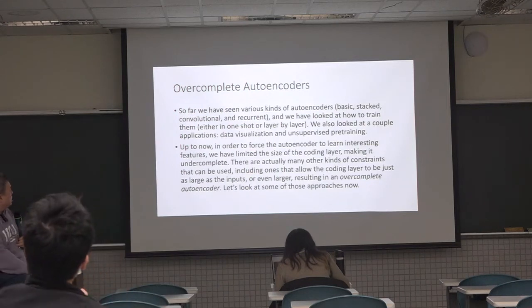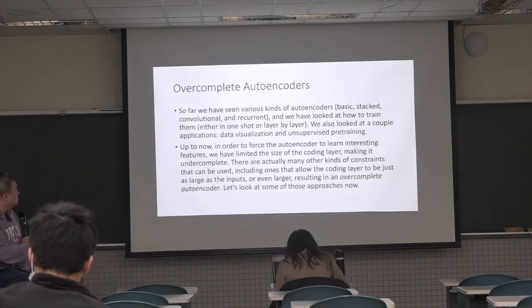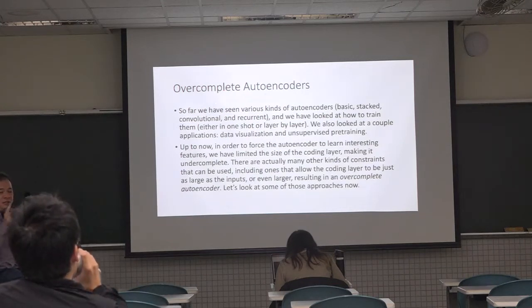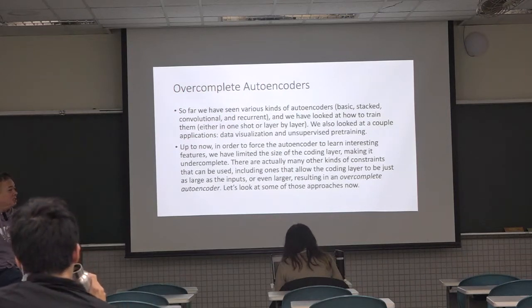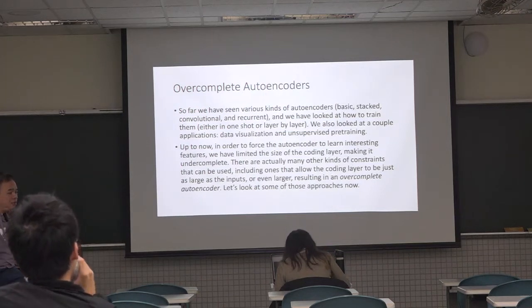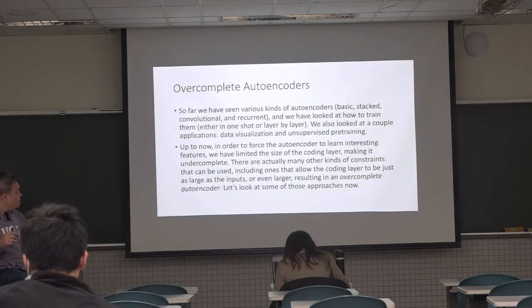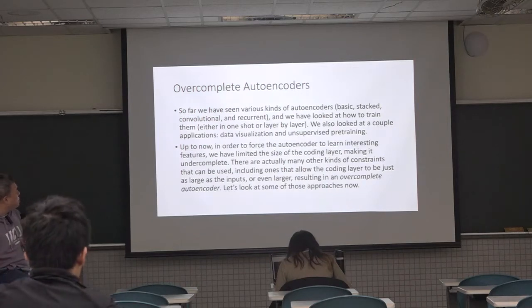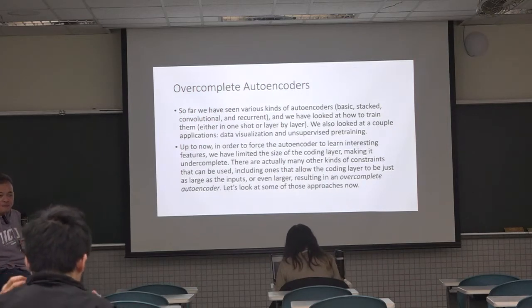But there are situations where the coding layer sometimes needs to be larger than the input layer. If the autoencoder has such a property, we call it an over-complete autoencoder.